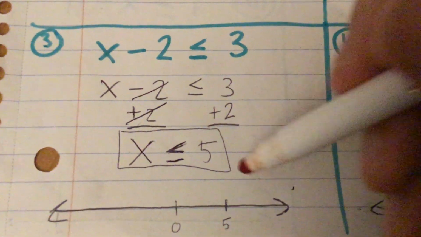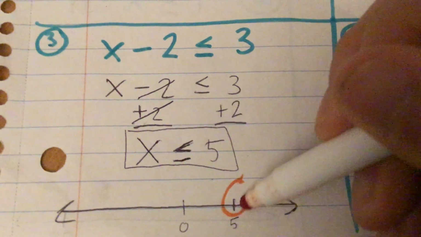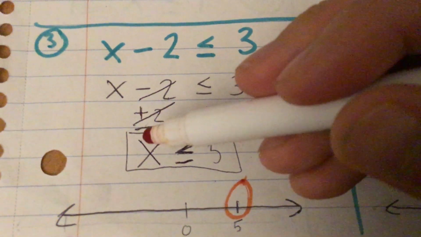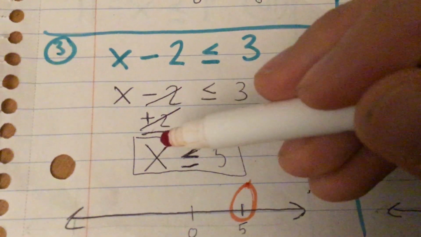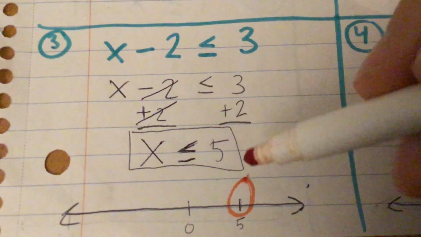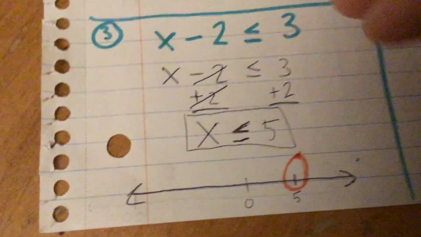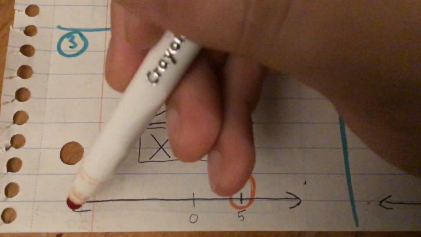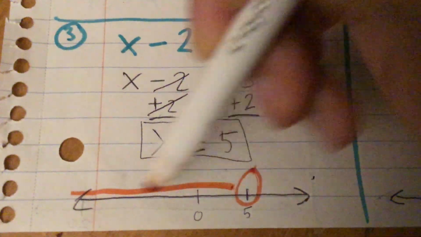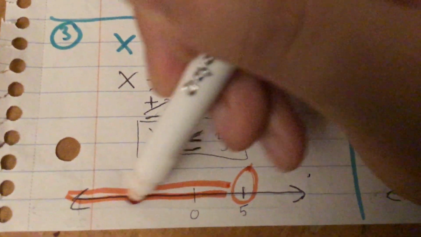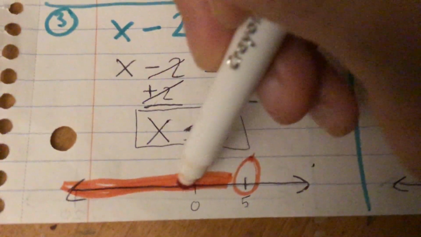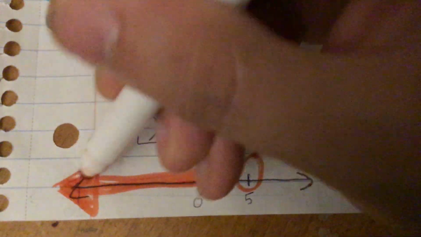So I circle the positive 5 endpoint, and x is allowed to be all numbers less than or equal to 5. So all numbers less than 5, sorry, I just moved the paper a little bit, go to the left. And I'm at the end of the number line, so I put a big fat arrow.